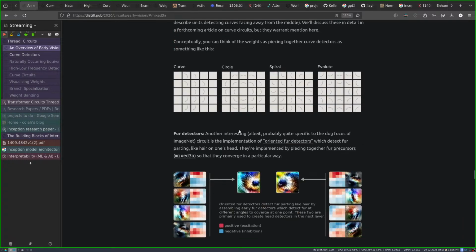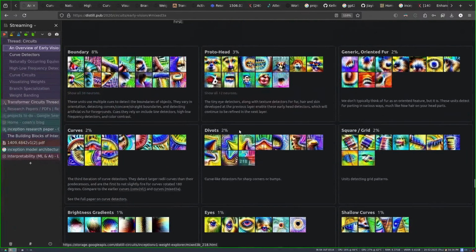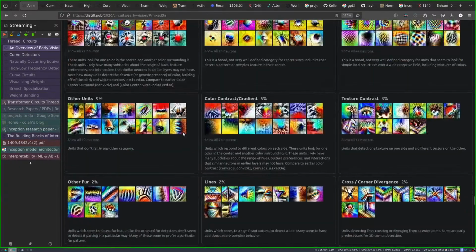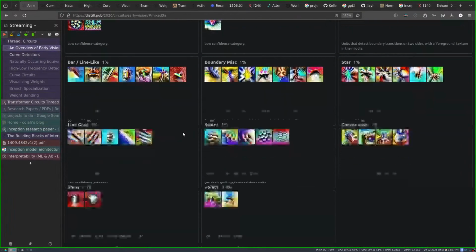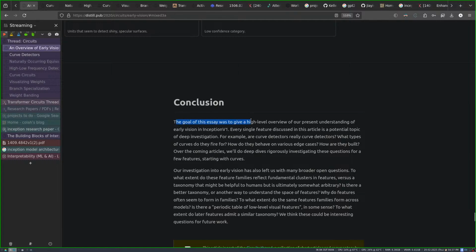Okay. Prototype heads. The goal of this article was to give a high level overview of our present understanding of early vision in Inception.